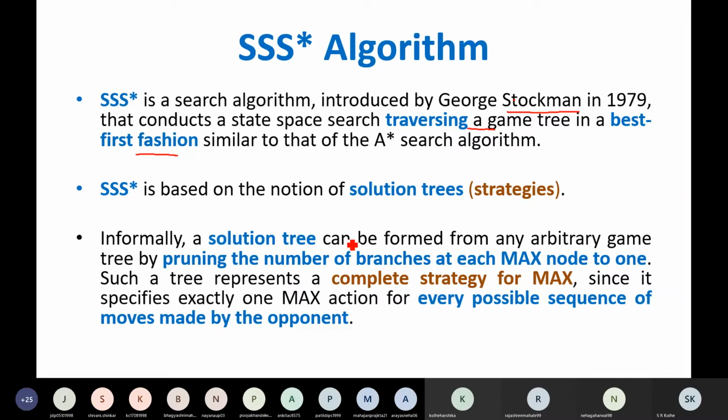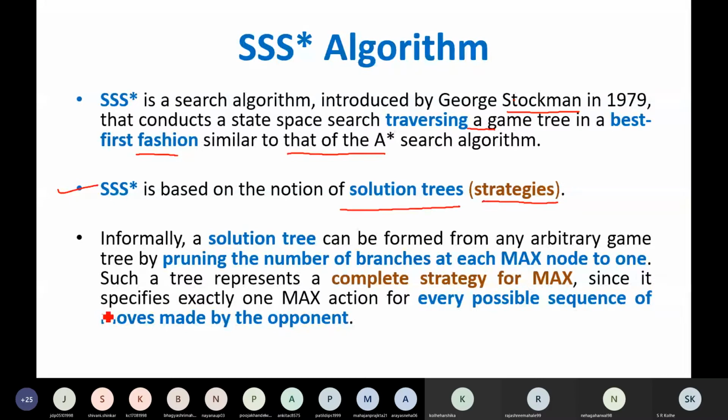The difference is, this SSS star algorithm is like your best first algorithm, and similar to the A star search algorithm, or the AO star search algorithm, which we have discussed earlier. The major difference between this SSS star algorithm and the alpha beta cutoff algorithm lies in that SSS star is based on the notion of solution trees, and we call them strategies.